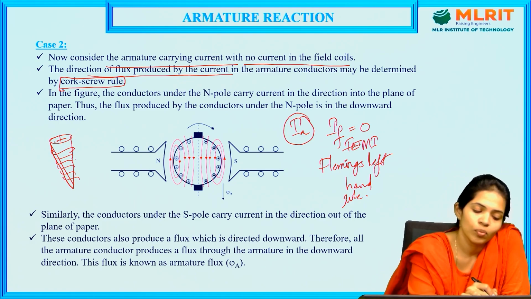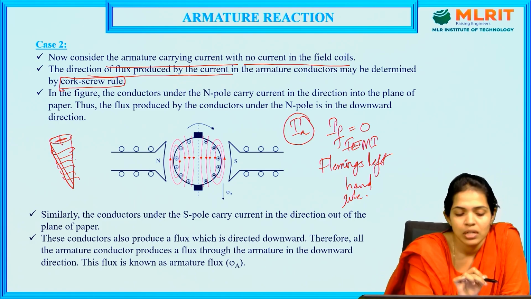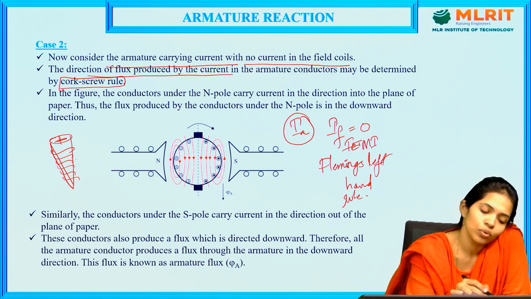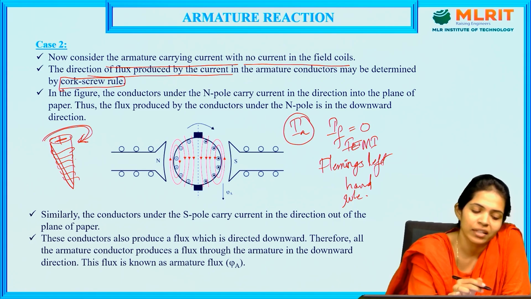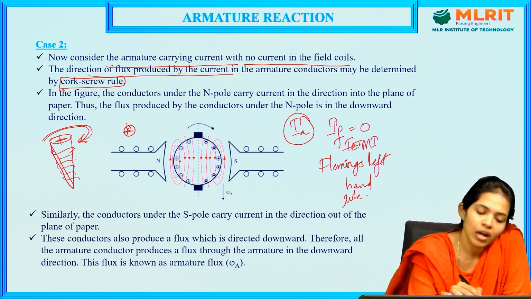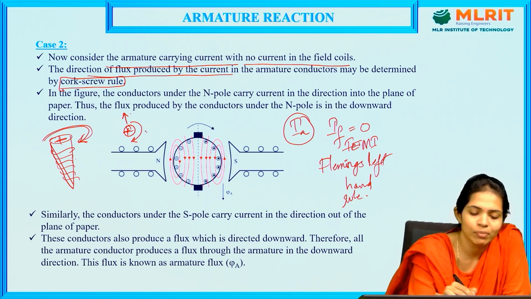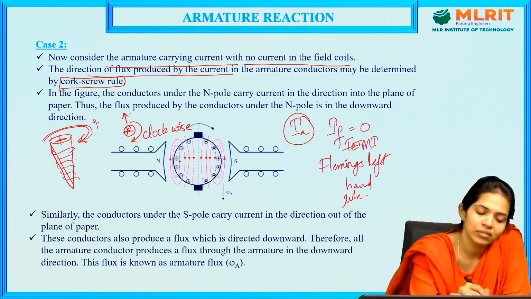Here the corkscrew rule basically states that if I consider the direction of magnetic field like this, and I am driving this screw into the wall, moving inside the wall, then the direction of magnetic field will be clockwise and the current will be inwards.